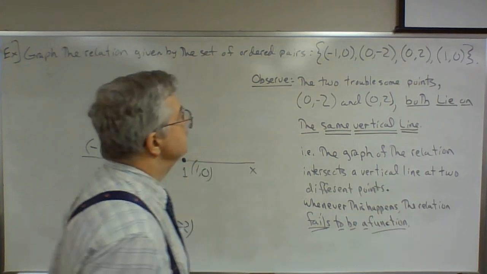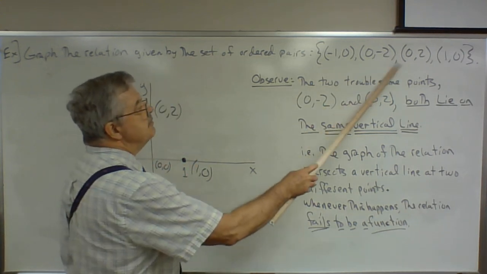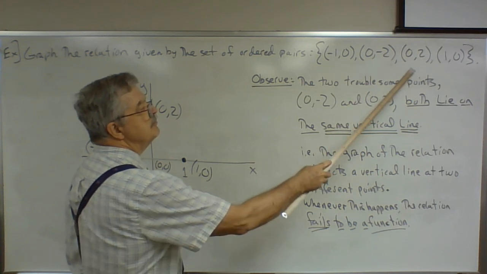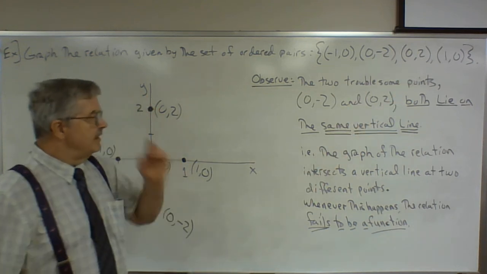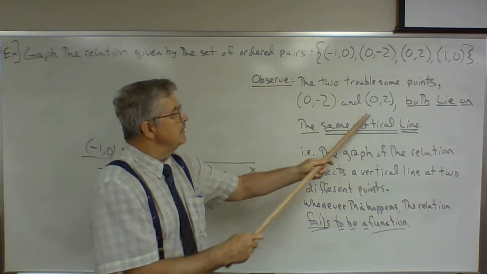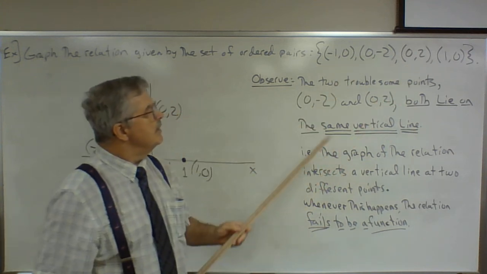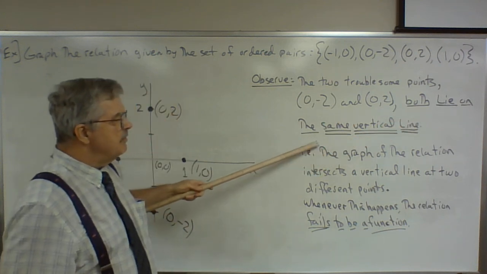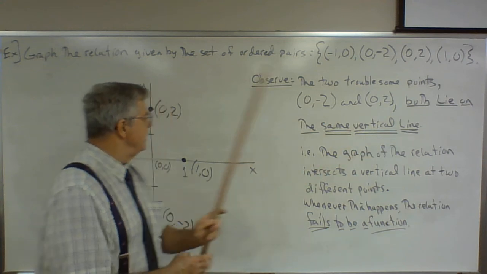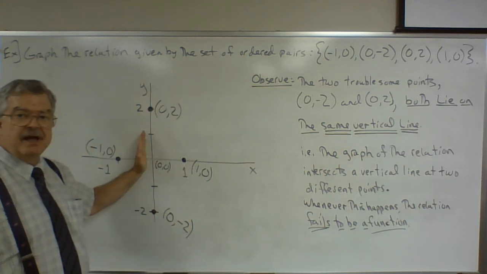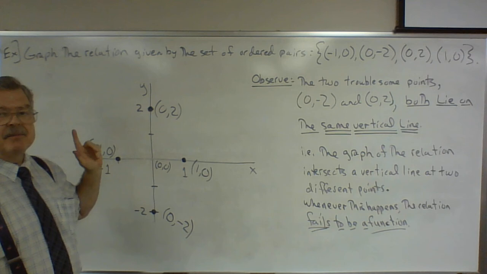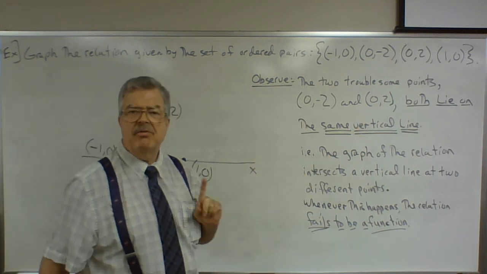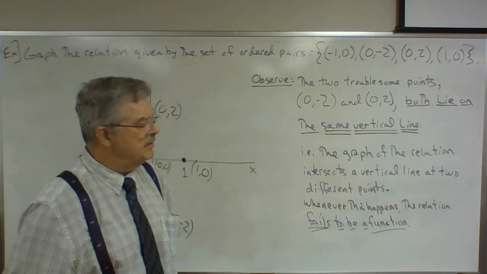Here's the key observation. Here are the 2 troublemakers, the 2 troublesome points, (0, -2) and (0, 2). These 2 troublemakers both lie on the same vertical line. In this case, that vertical line is the y-axis. But the important observation is that these 2 troublemakers both lie on the same vertical line.